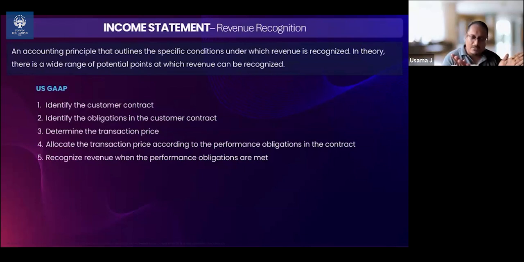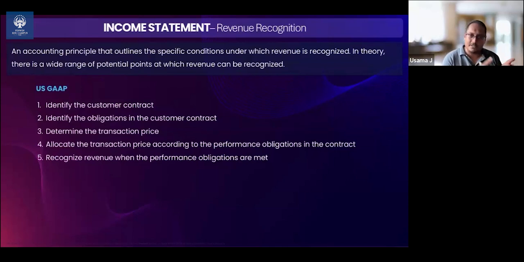Because when standards do not match, when principles do not match, the issue of comparability comes into the picture, which reduces the quality of the overall information that we can deal with, right? So inevitably, when you look at revenue recognition criteria, broad spectrum, they will be talking about similar elements, but there will be, by definition, differences, like you're about to see.